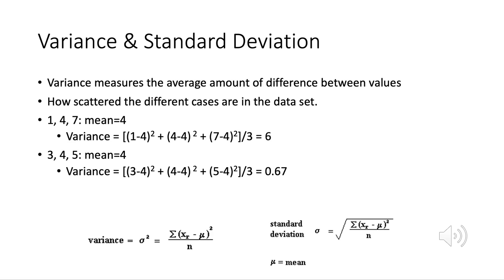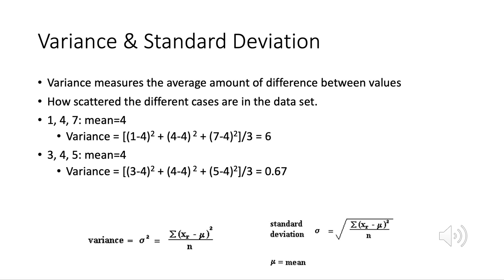And then square all these values. The third step is to combine all the squared values together. Last step, divide the combined value by 3, which is the number of cases in this dataset. So taking them together, the variance of this dataset is 6.